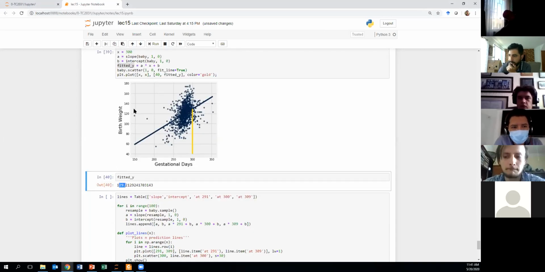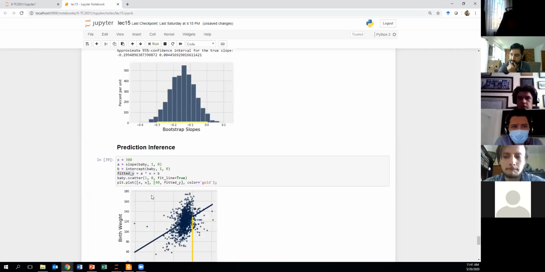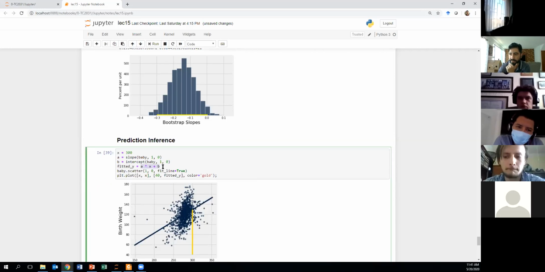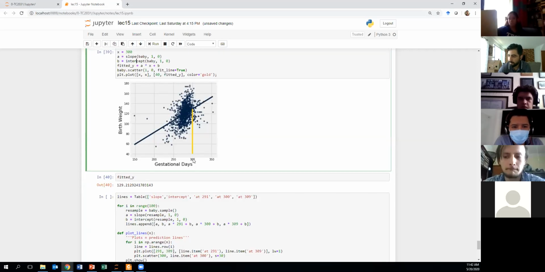Okay, this is my fitted y, right? You remember this is how we calculate it. This is my linear equation, a multiple, where a is my slope and b is my intercept. I already defined the functions to calculate the slope and the intercept. This is my fitted y now. So for gestational day 300, my fitted y is around 129. It's around here.